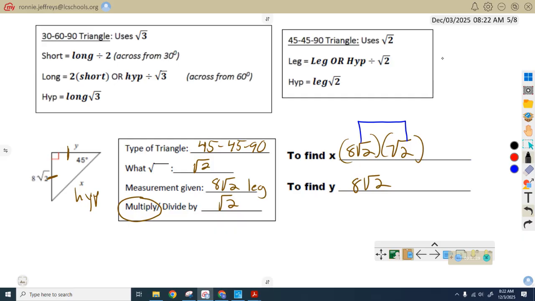Look, I was trying to avoid this because when I try to do a side quest teaching people that aren't paying attention, they get lost. This is basically why. Square root of 2 times the square root of 2 is actually the square root of 2 times 2, which is the square root of 4. Well, what is the square root of 4? Dear God in heaven. It's 2. So we get 16.